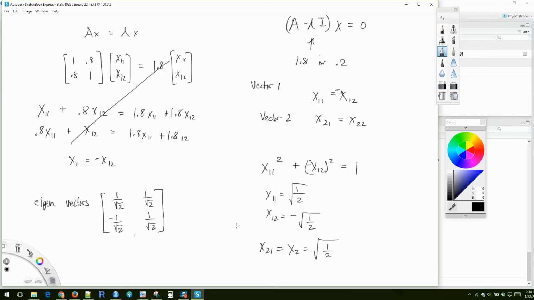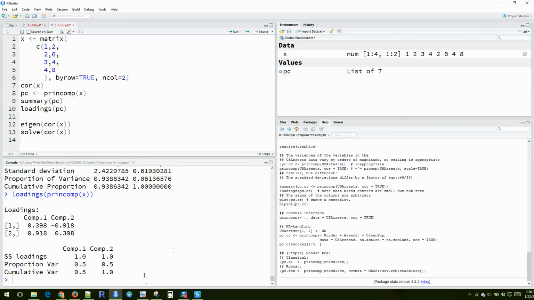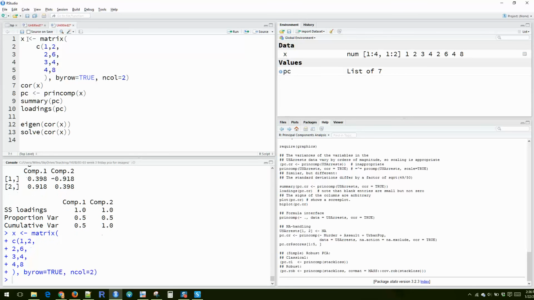So we can verify this. You probably don't want to be doing these calculations by hand. Here I'm just creating a small data set where I know the correlation is 0.8.